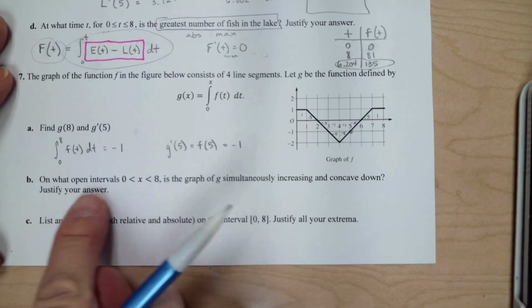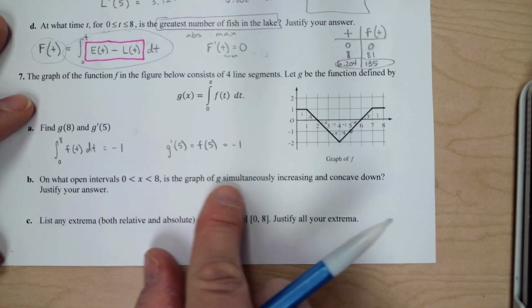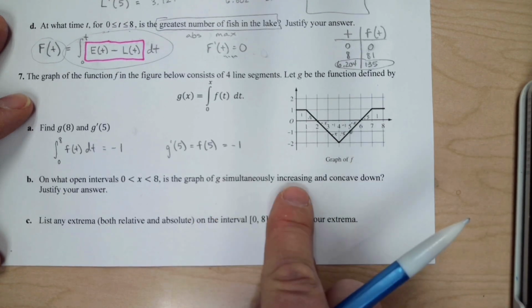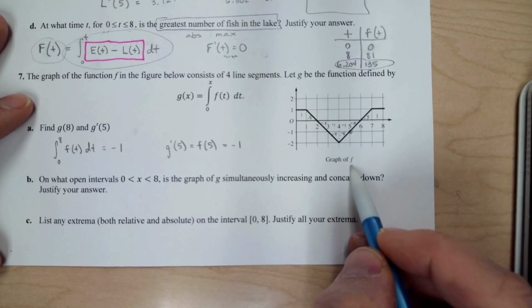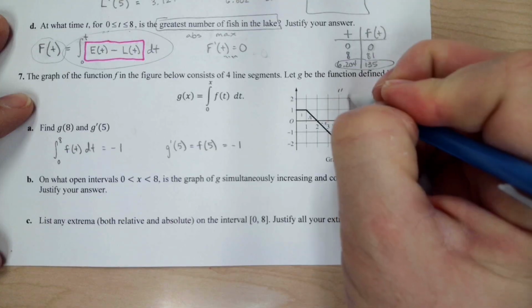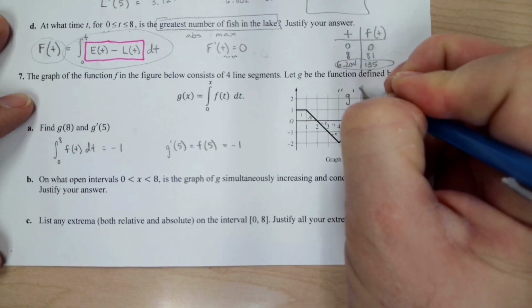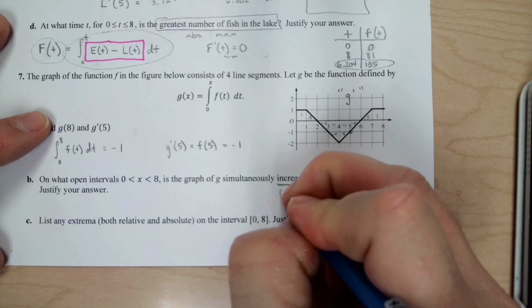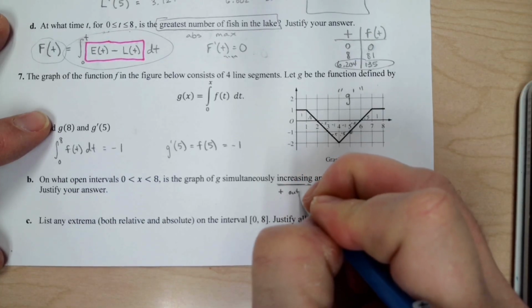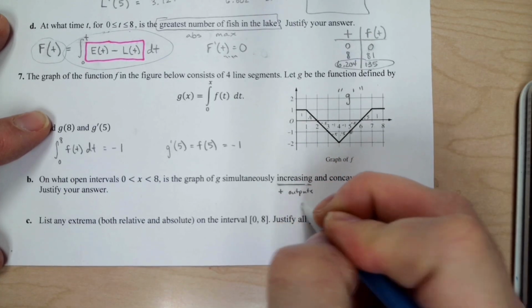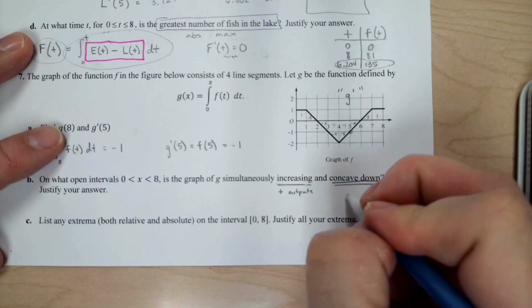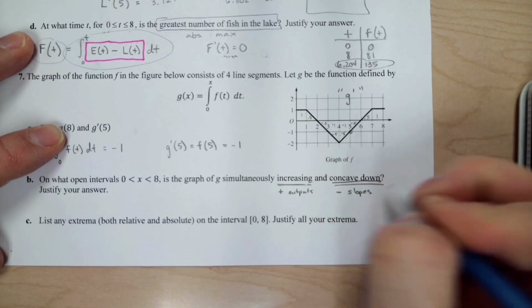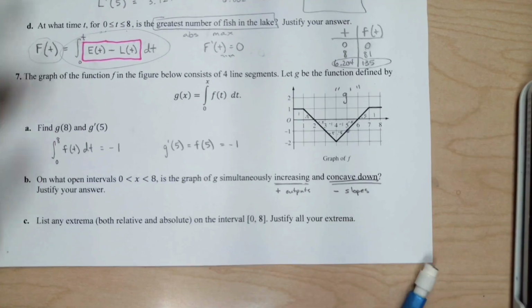Letter B says, on what open intervals is the graph of g simultaneously increasing and concave down? So when is g increasing and concave down? Well, if this is f, remember that this is technically g prime as well. So increasing would be positive outputs on f, and concave down would be negative slopes on f. So we're looking for positive outputs, negative slopes.